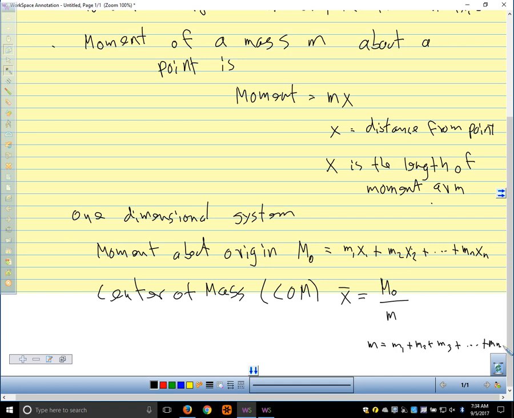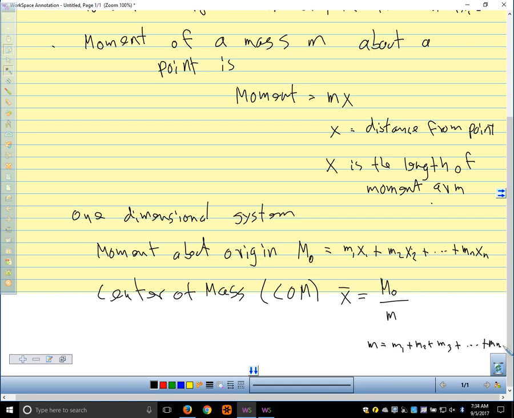Well, now that we're talking about adding things together, you might be able to predict where we're going with this. Eventually, instead of a discrete system, we'll talk about a continuous system and how we find the center of mass of it.